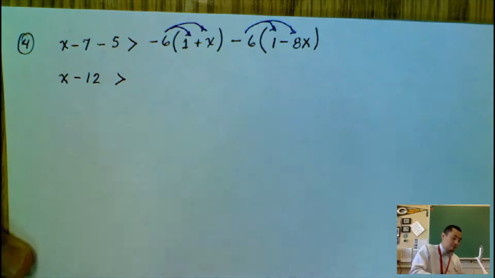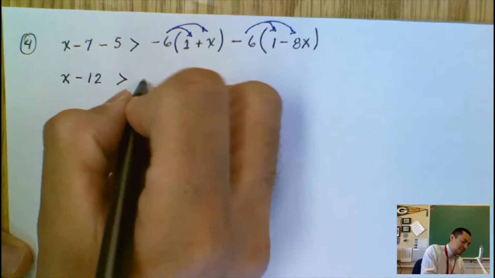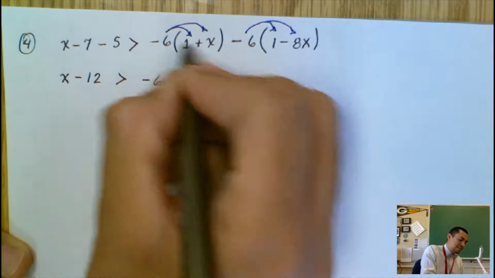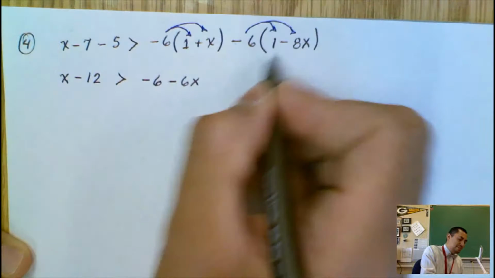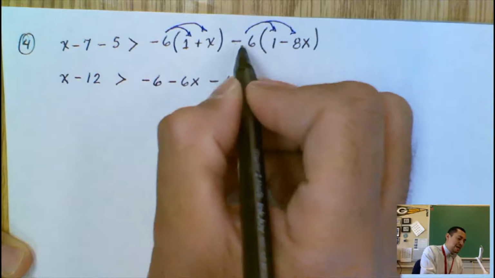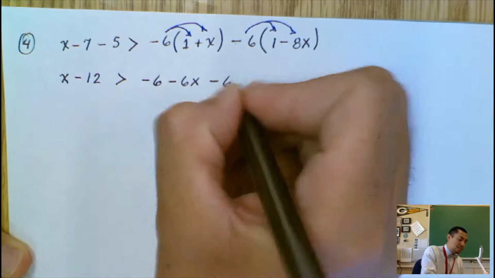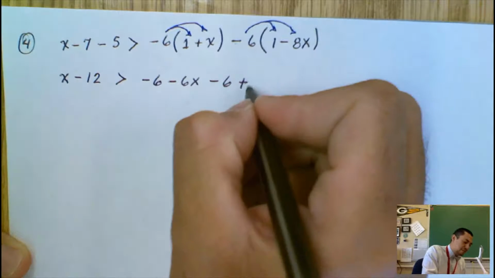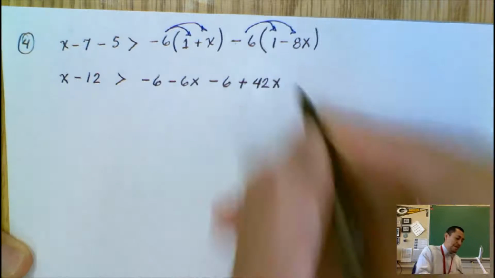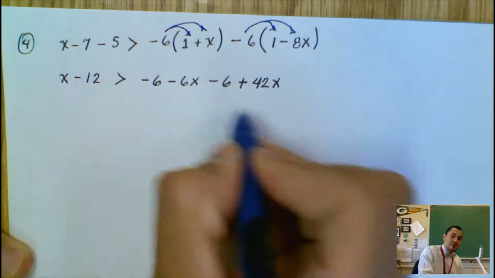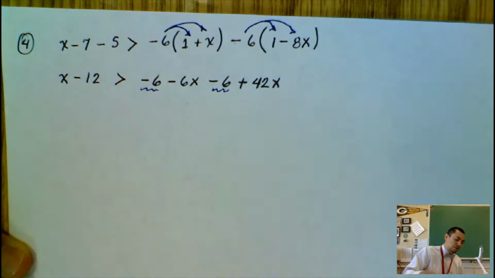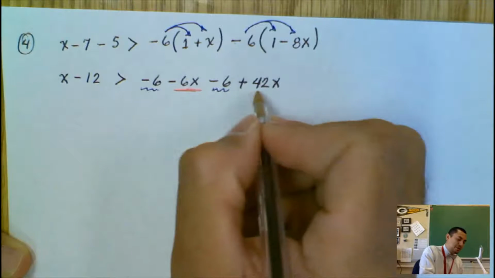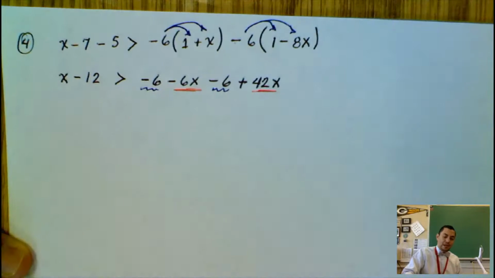So let's do the following ones. Negative 6 times 1 is negative 6. Negative 6 times x is negative 6x. Negative 6 times 1, negative 6. And negative 6 times negative 7x is positive 42x. Now, on the right side, I can simplify negative 6 and negative 6, and also negative 6 plus 42x. So let's simplify those.